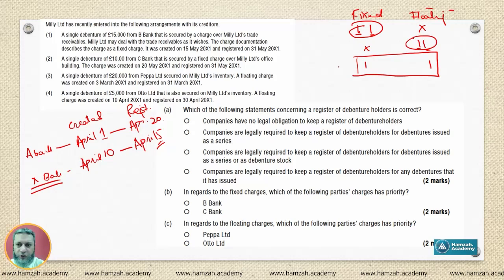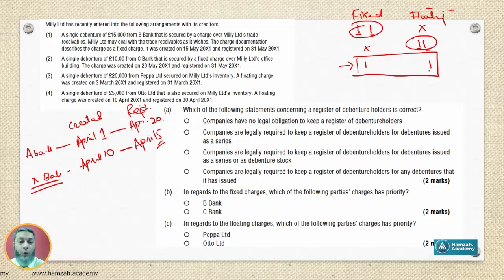But for the fixed charge and floating charge, where the same asset has a fixed charge and a floating charge, the issue is that we do not go with the date of creation. The priority is that of the fixed charge. Under general circumstances, the priority is that of a fixed charge, even if it is created later and registered later than the floating charge.